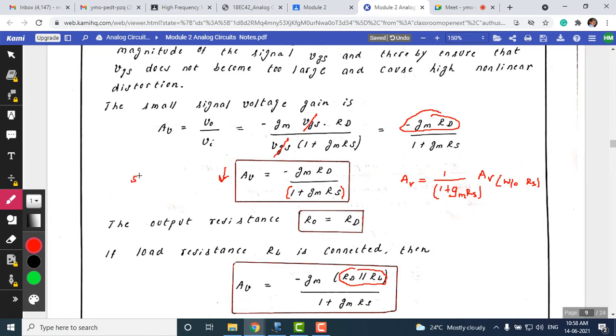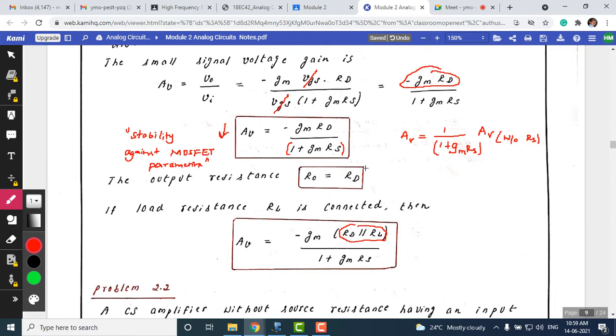Stability of this circuit is more, stability against MOSFET parameters. There are various parameters in the MOSFET, and against these various parameters, this amplifier provides stability. So this is very important. This advantage we are going to gain, but the drawback is the gain gets reduced by 1 plus Gm into Rs.